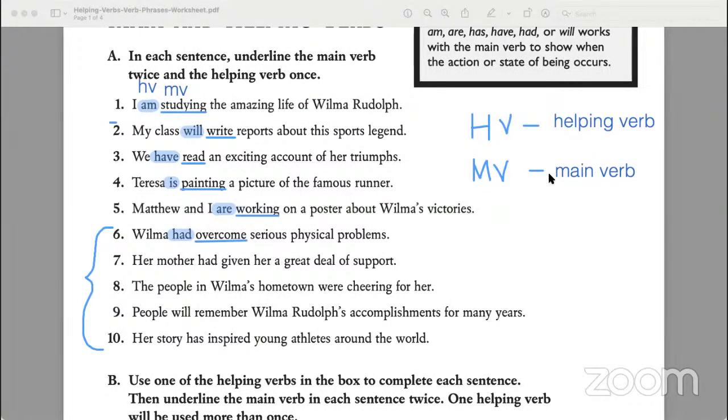Is a helping verb, given is the main. I'm just going to put the answers up from what I can see in the Zoom chat.